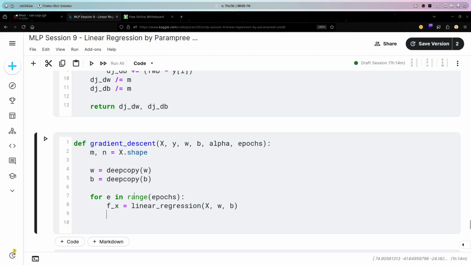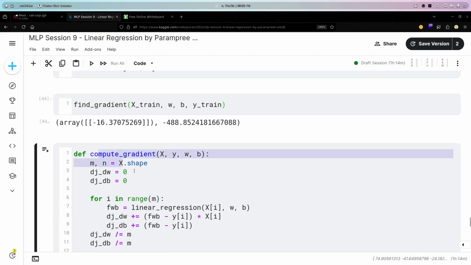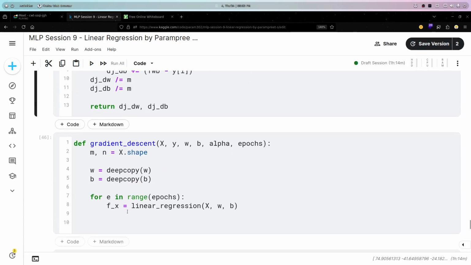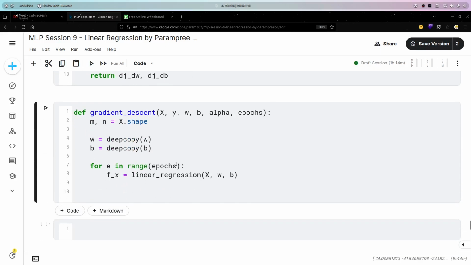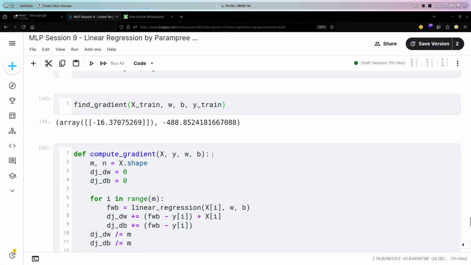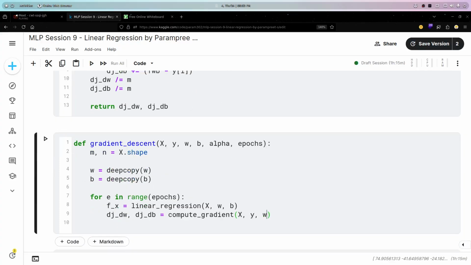Then I'll call the compute gradient function, and I'll get two values, dj dw, the gradient with respect to w, and dj db, the gradient with respect to b. In this I'll pass x, y, w, and b.